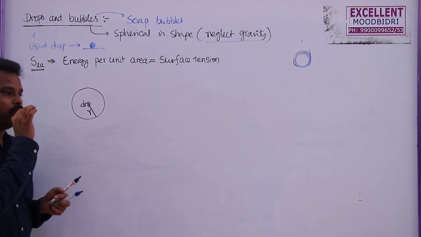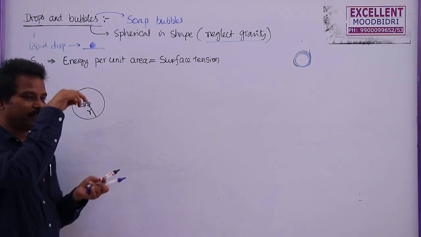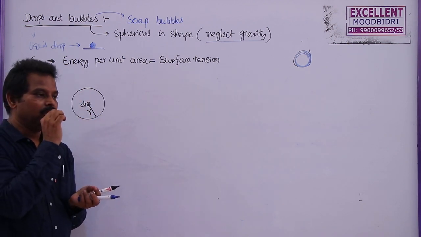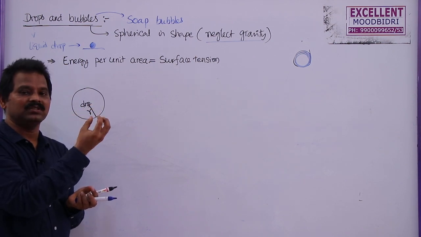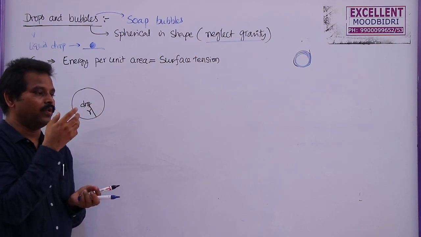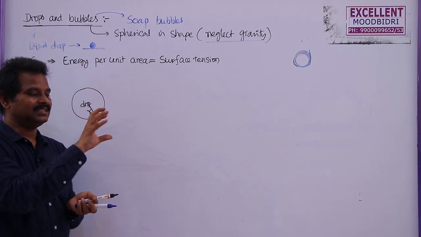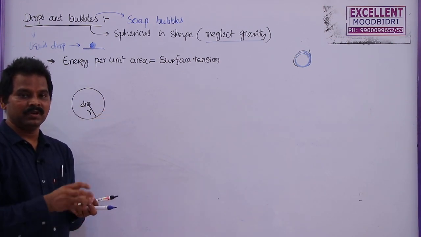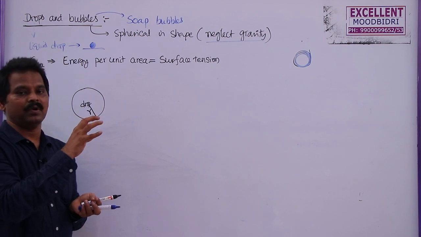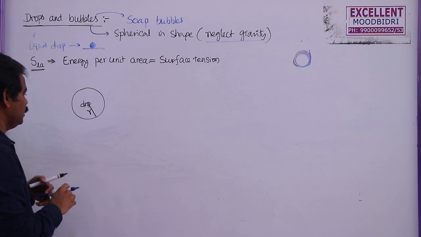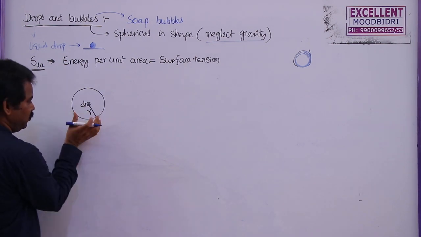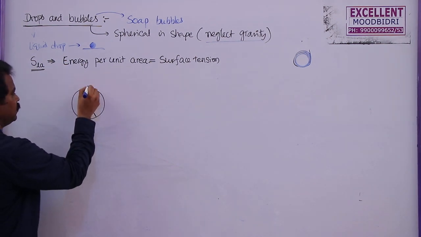Just like blowing air through a small device by dipping in the soap solution, if you do less work, you will get soap bubbles of small surface area. If you do more work, if you blow more air, the size of the bubble will be more. That means to increase the size of the bubbles, you need to blow more air. That means you are doing more work. Now here also, I want to increase the size of this drop.